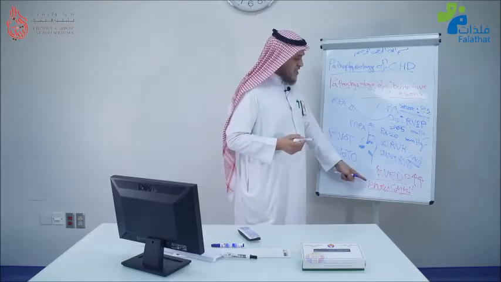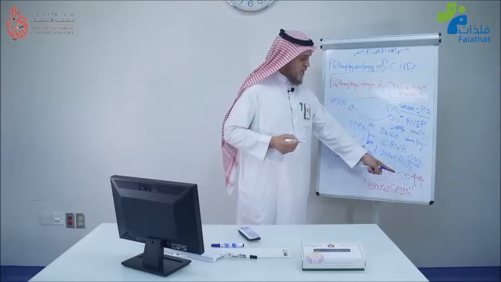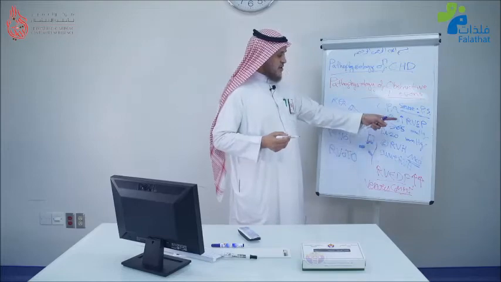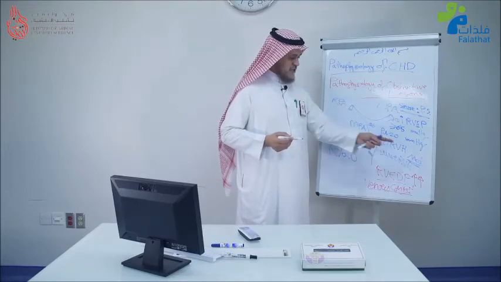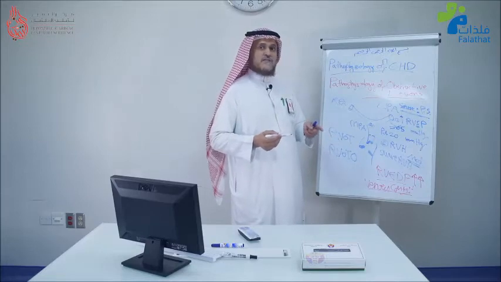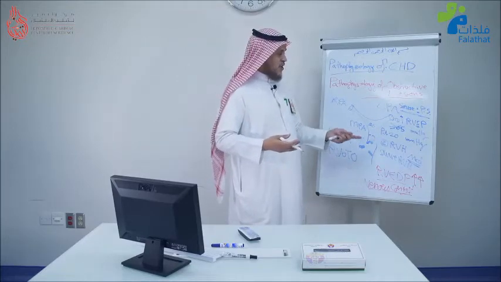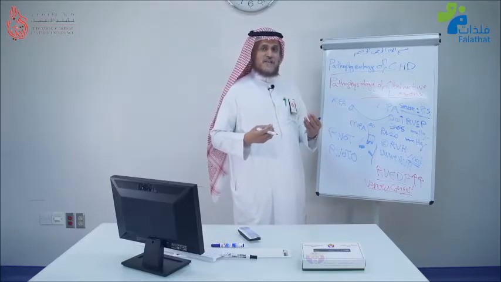We will only start seeing RV failure and venous congestion if the EDP becomes very high or the right ventricular systolic function, after being severely affected by hypertrophy, starts now to lose effort, to lose function because of the obstruction. That, in other words, is the right ventricle pooping out.